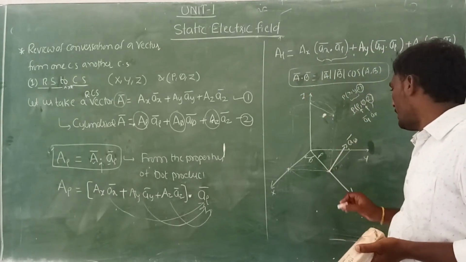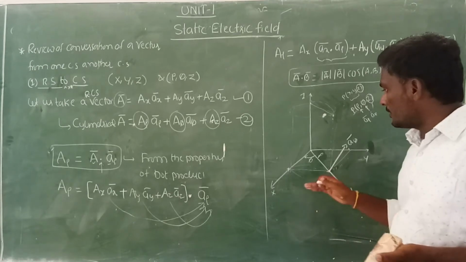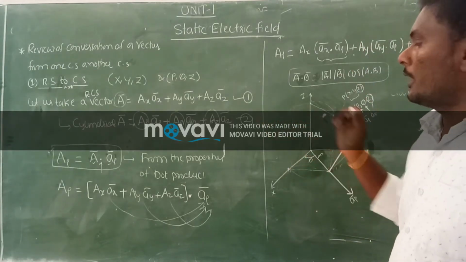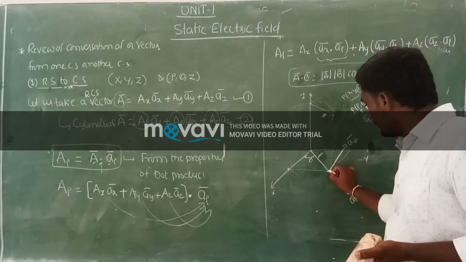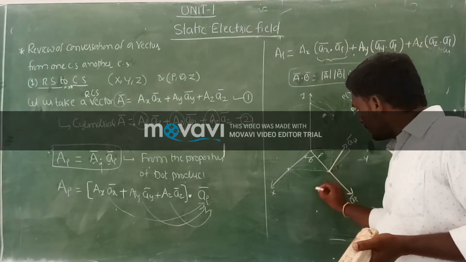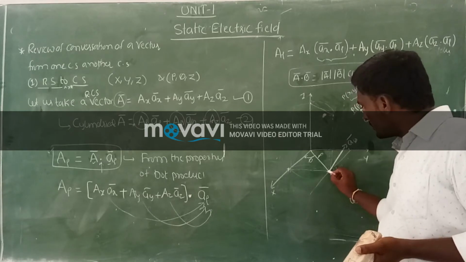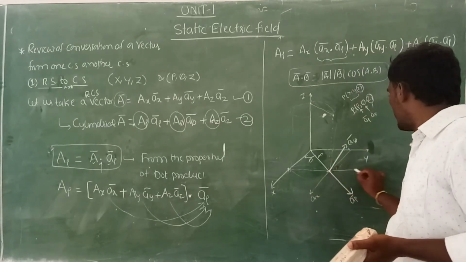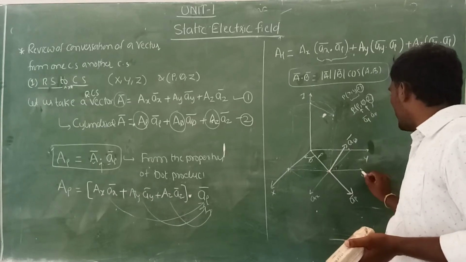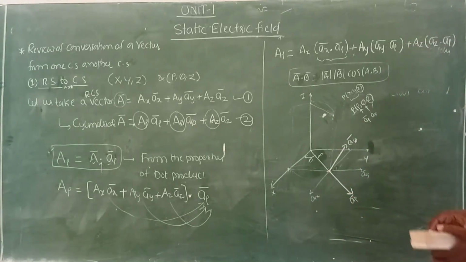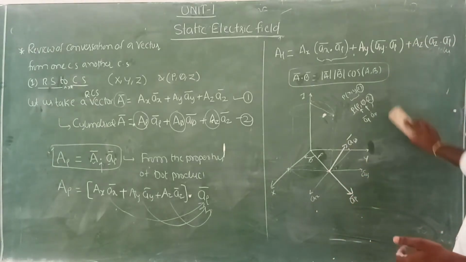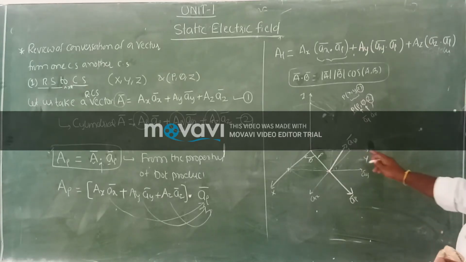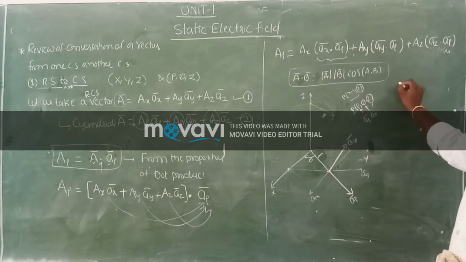Next, I want to represent the unit vectors in the rectangular coordinate system. In the rectangular coordinate system, what are the unit vectors? Ax bar is the unit vector, and it is Ay bar. For simple understanding purposes, I am taking the x, y axes like this.